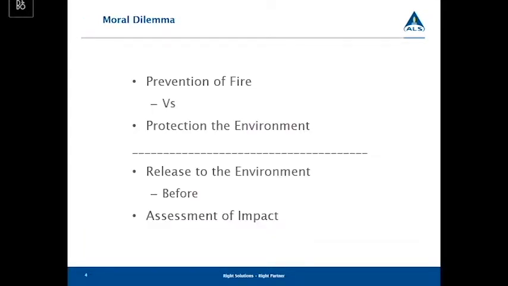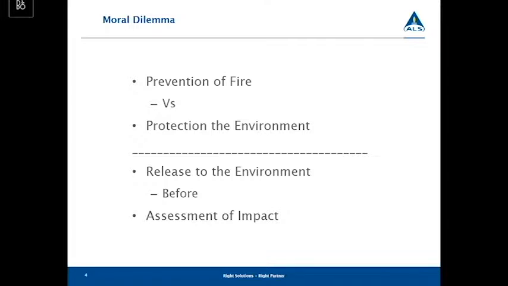Now, as far as flame retardants, there's a bit of a moral dilemma, and what it is, is a compromise between two competing issues. One is prevention of fire and protecting people's health in that manner, and the other is protection of the environment. I think that to me, one of the more insidious aspects of this is that there's an issue of release to the environment, and that happens before there's really an overall impact to the environment.